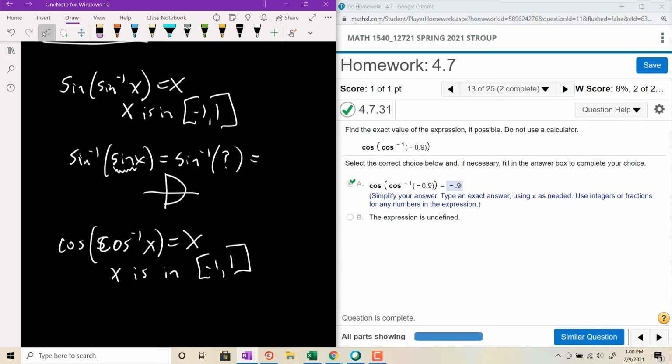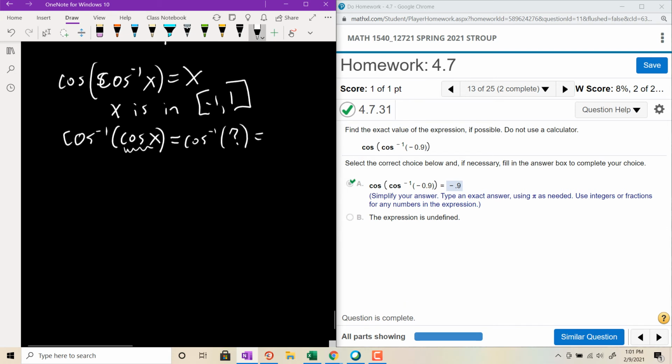And if cosine inverse is on the outside, that's when you have to do it in pieces. Okay? So in that case, you figure out this part, in which case you'll have cosine inverse of something, and then that'll equal something based on the unit circle, where cosine's going from 0 to pi.